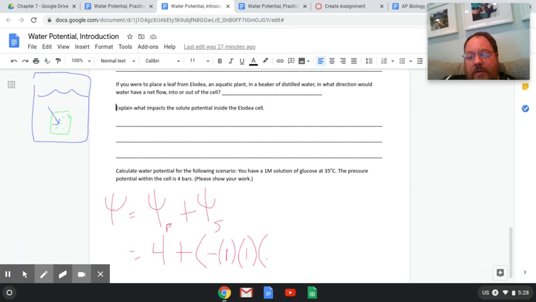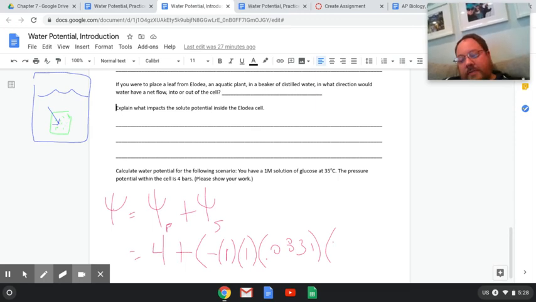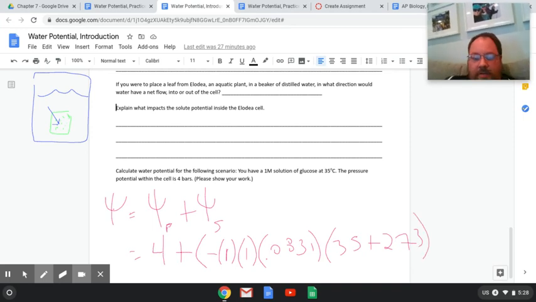You have that constant, so it's 0.0831. And then the temperature is 35 Celsius. So 35 plus 273. So we have to put that in Kelvin.